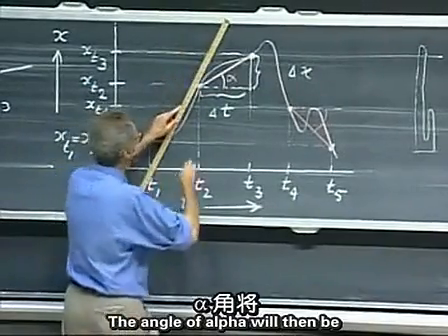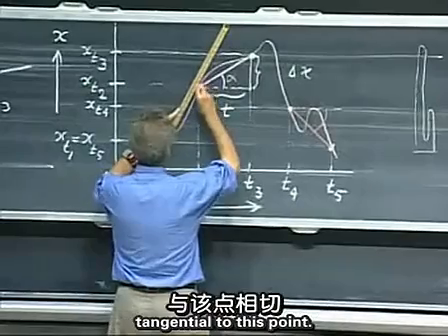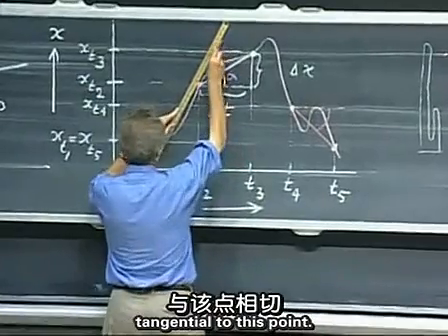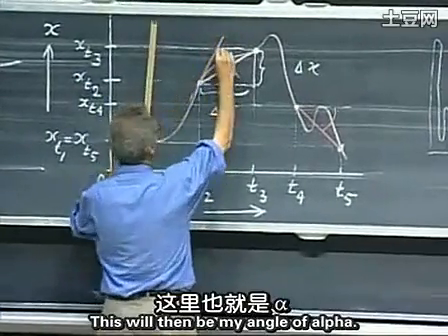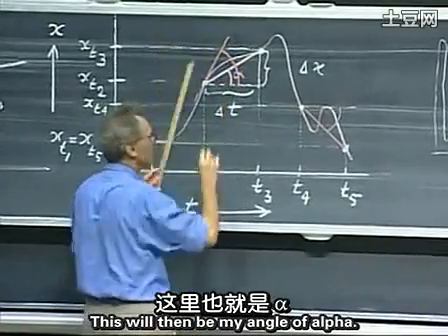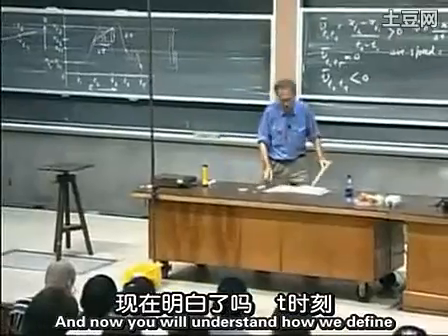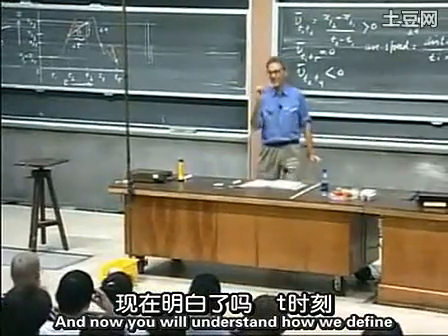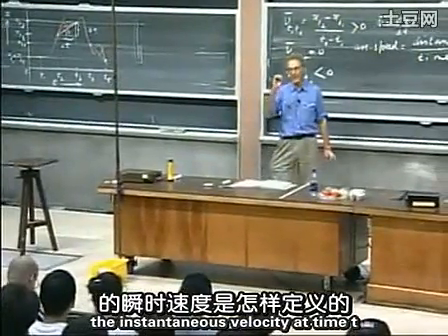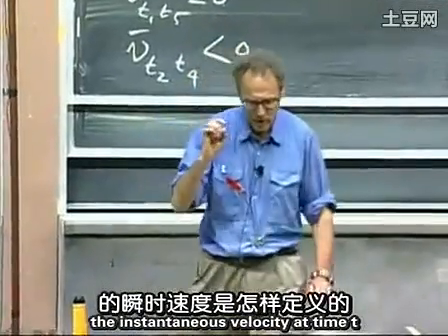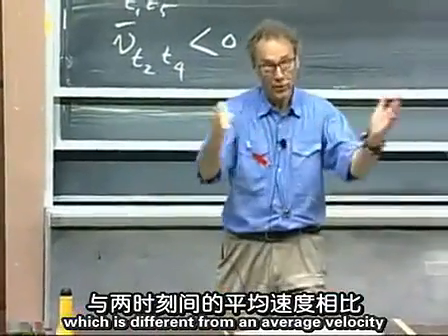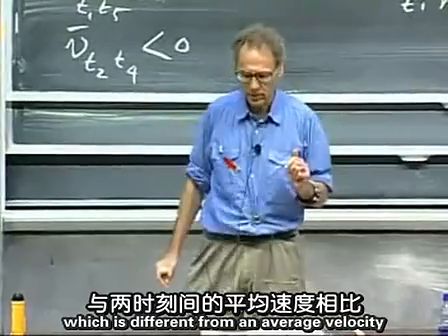The angle of alpha will then be tangential to this point. This will then be my angle of alpha. And now you will understand how we define the instantaneous velocity at time t, which is different from an average velocity between two time intervals.